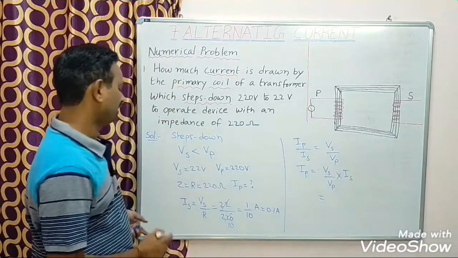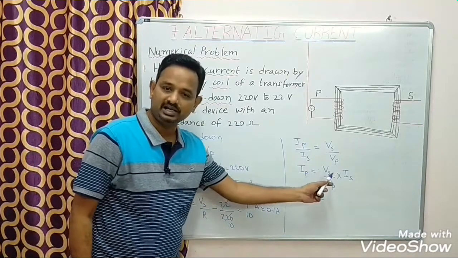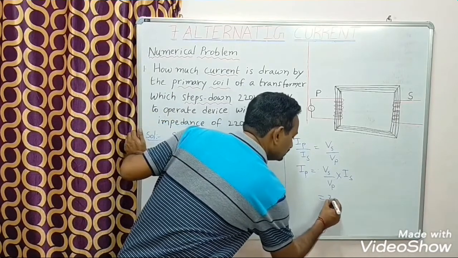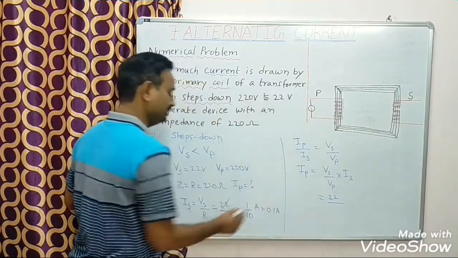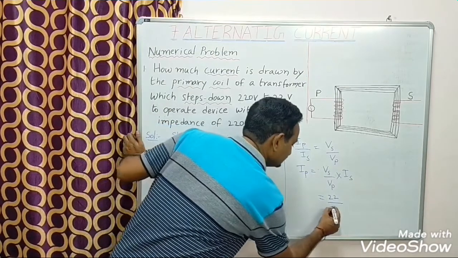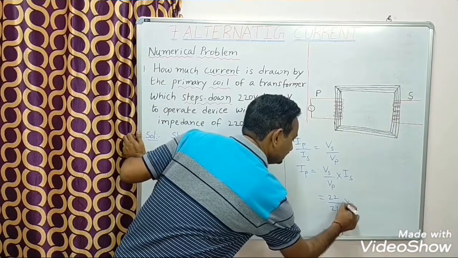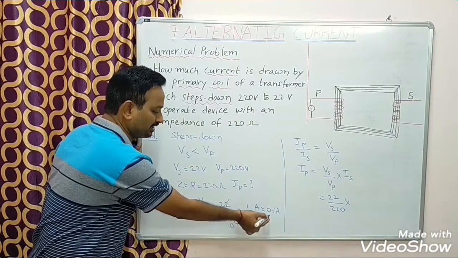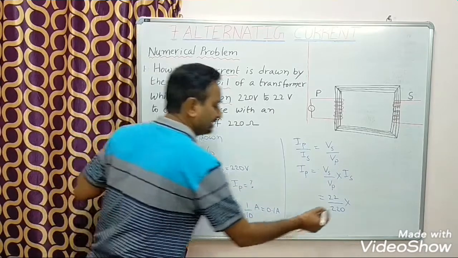Vs means voltage across the secondary coil, that is 22 volt, by Vp, the voltage across the primary coil, that is 220 volt, into IS, which is 1 by 10 or 0.1 ampere. I will take 1 by 10 here.